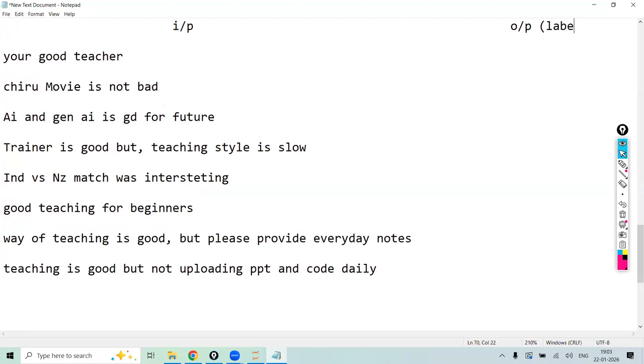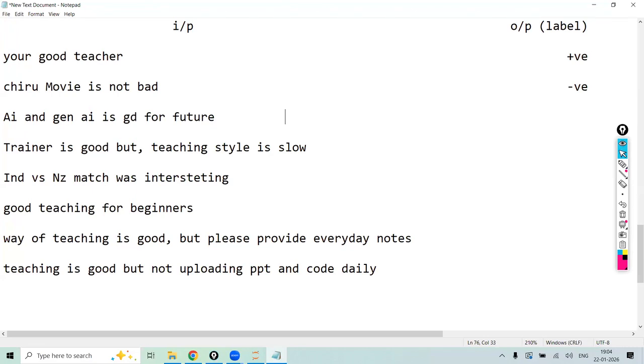What labels are there? I'm going to have the labels. So the input is there, and the output. Let's start with this one, where we have the positive, and next this is kind of negative, right? And the word GD is there.